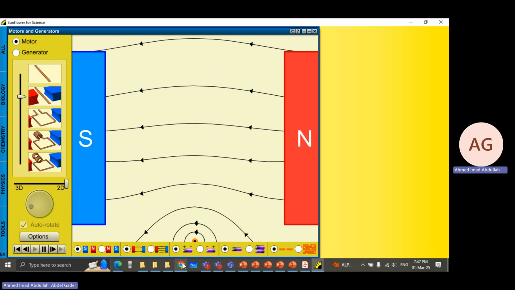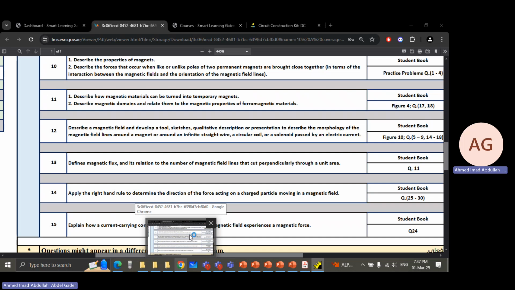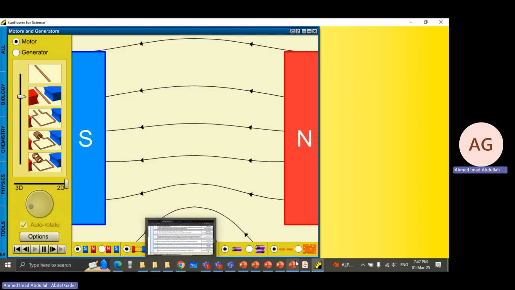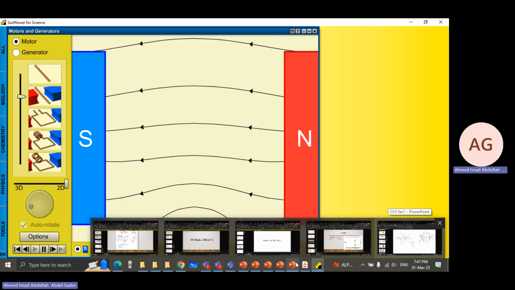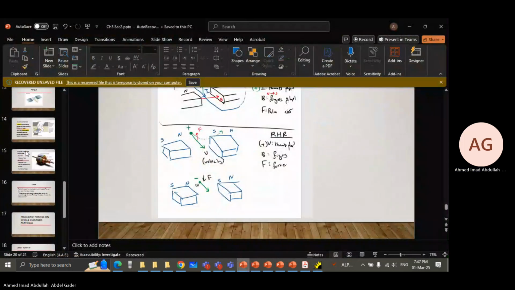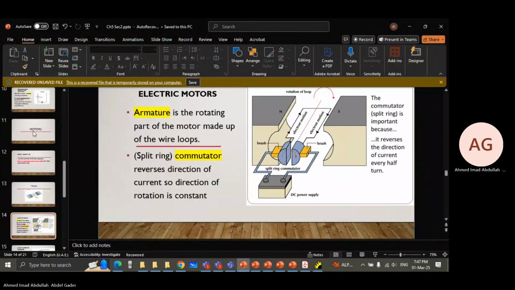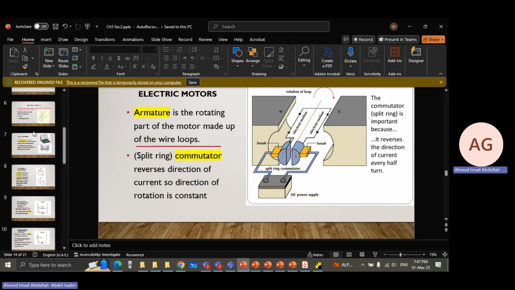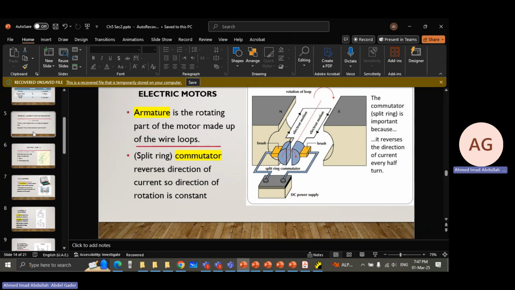I will not get into the deep explanations offered on the internet and in the book. What I will just highlight and discuss is how do I determine the direction of this force. So let's do that now. Of course, this is the working principle behind how a motor turns.